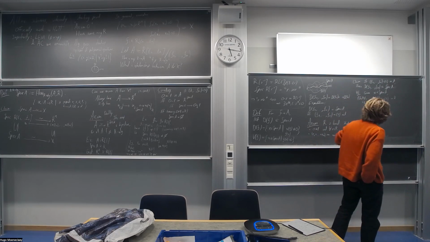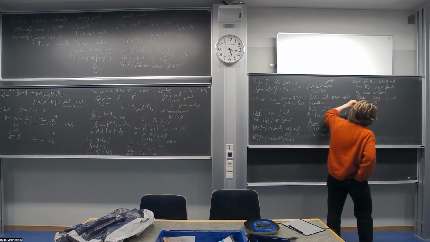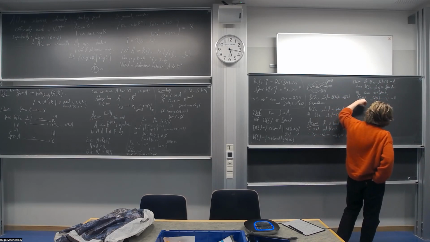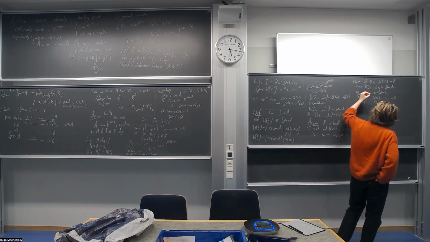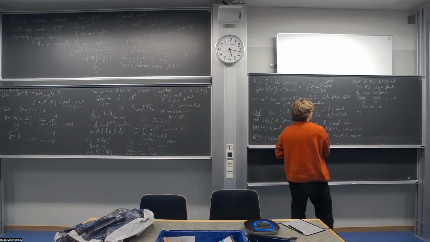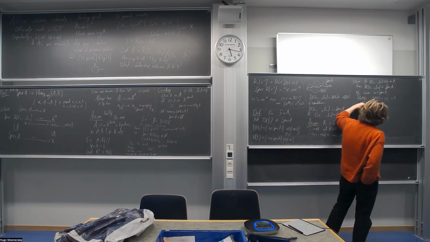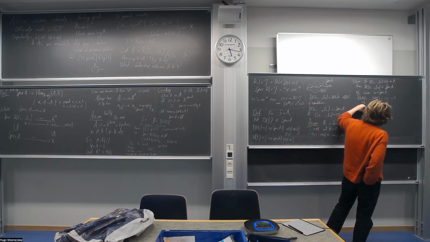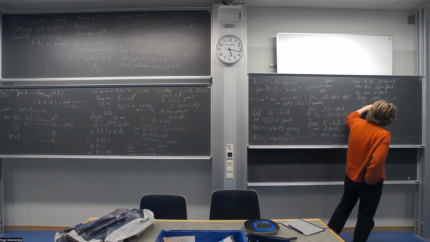Okay. So it means that you have some combination, like the sum of the r_i f_i(x) equals 1. From this, you can deduce from the assumption that R is local that there is some index i where r_i f_i(x) is invertible.